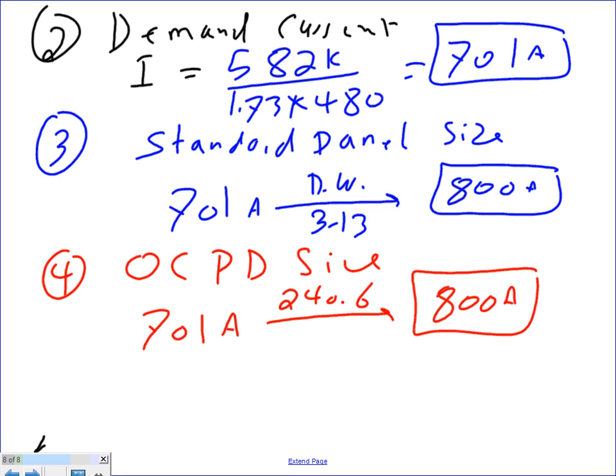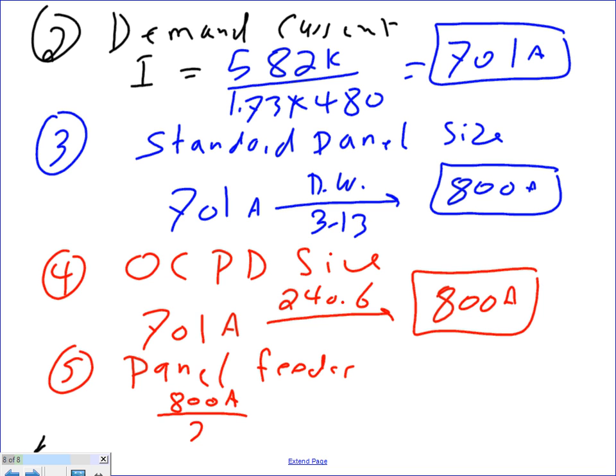Okay, done, almost. So the feeder, number 5, panel feeder. For the panel feeder, guys, I'm going to have 800 amp divided by 2. I'm going to have 400 amp, right?